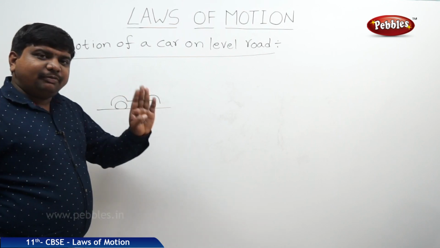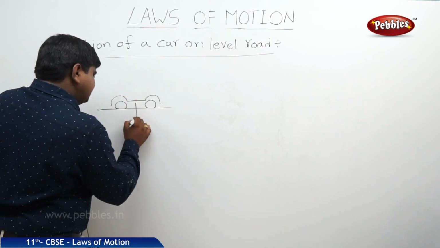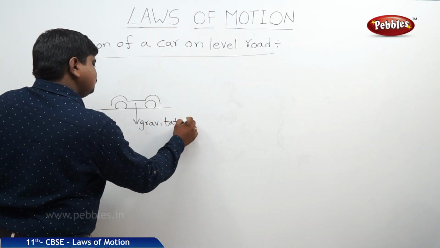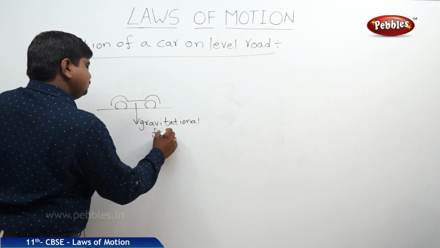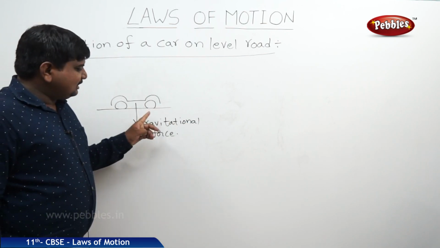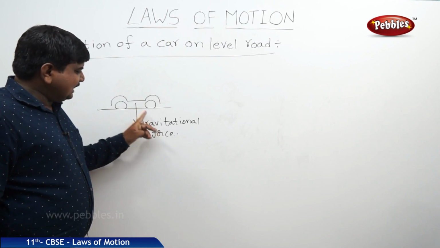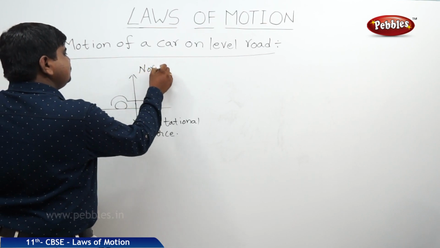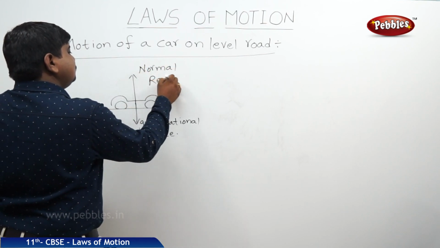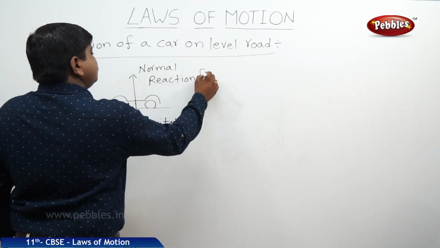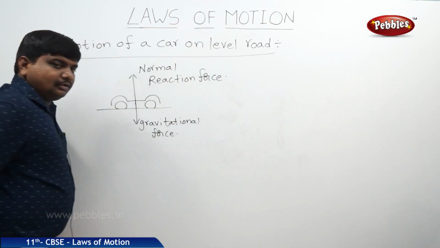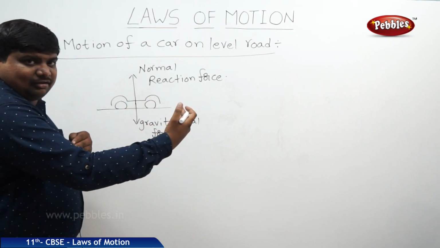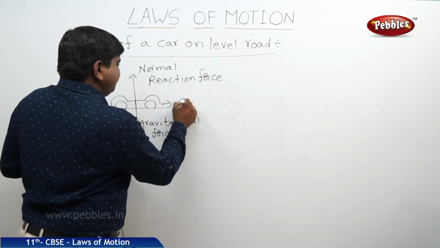It has a component of three different forces. One is the gravitational force. To balance the gravitational force, one more force acts in the exact opposite direction. That force is the normal reaction force. If the wheels of the vehicle take a turn along the circular path, it has centripetal force.